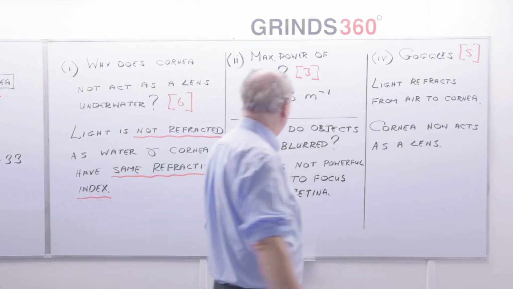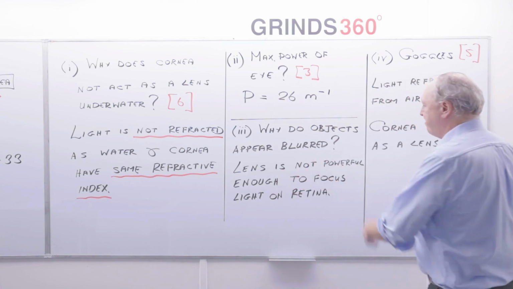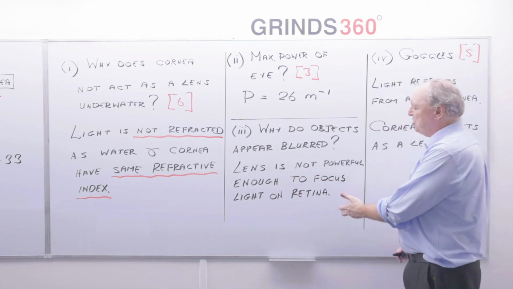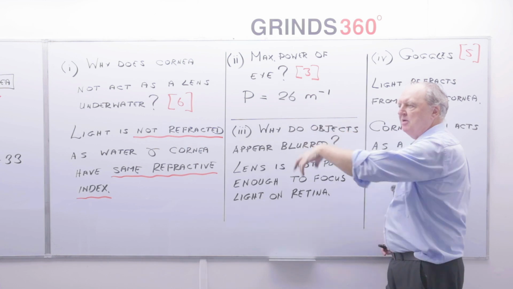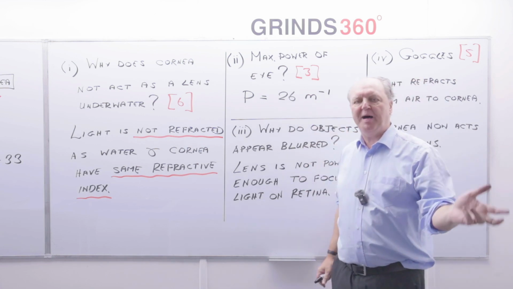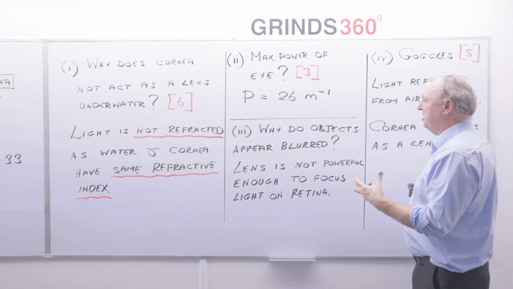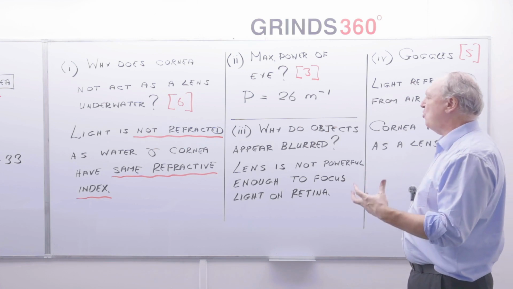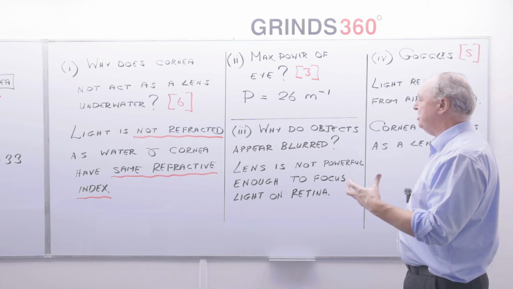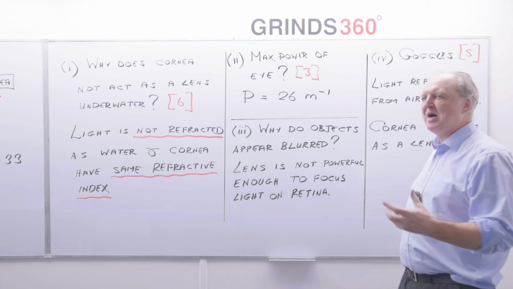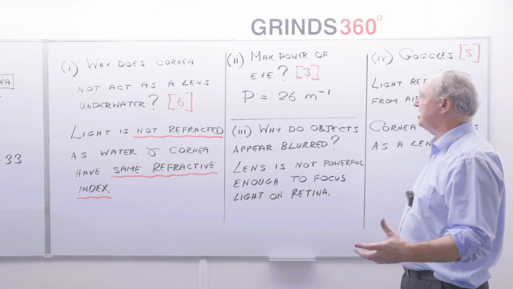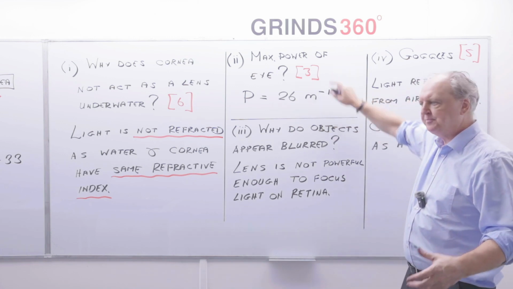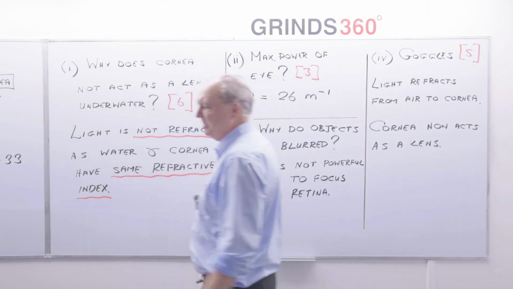It appears blurred because the lens is not powerful enough to focus the light on the retina. My maximum power is 26 per meter. The retina is 2 centimeters behind. So no matter what I do, I can't find a real image on the retina. You can do the mathematical calculation if you wish, but that's probably too much detail because we're only talking about 3 marks here.